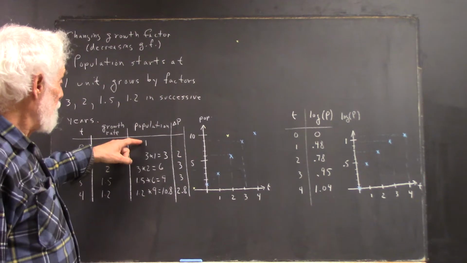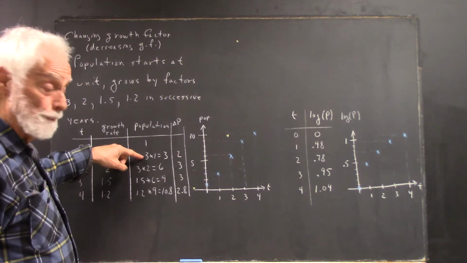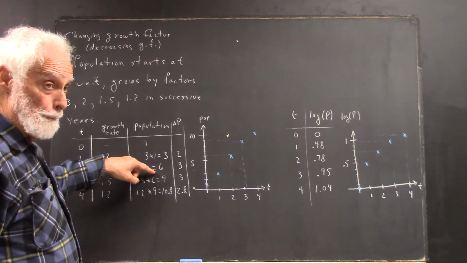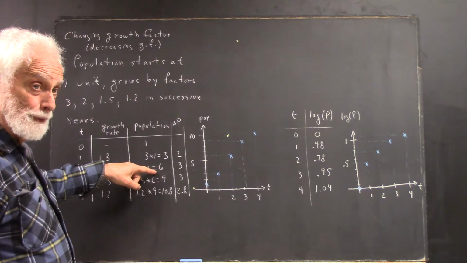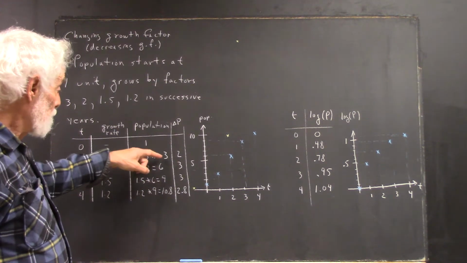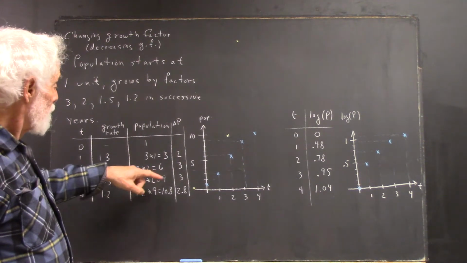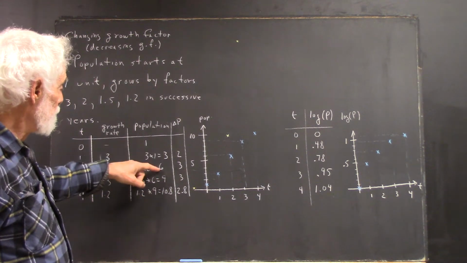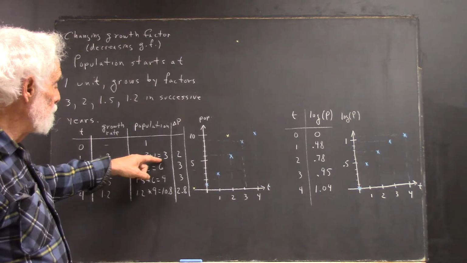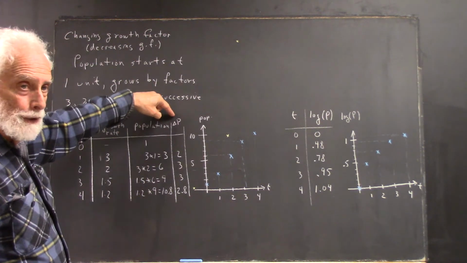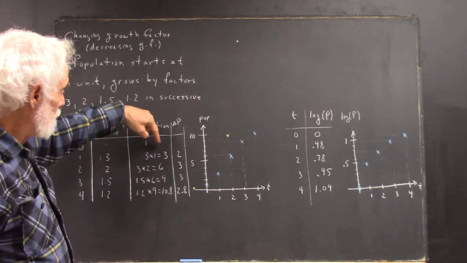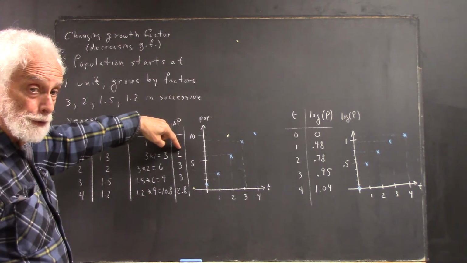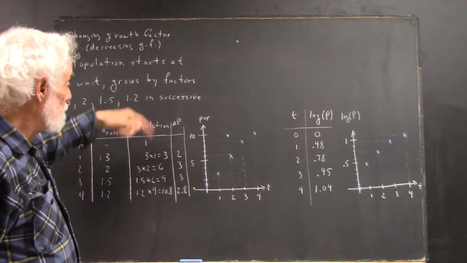We see that the population triples in the first year, it doubles in the second year. But it increased by more in the year when it doubled because it was starting with a greater population. So we see an increase of 3 here, we only had an increase of 2 here. I've got the increase over here in a delta P column. So we go from 1 to 3, delta P is 2, change in population.